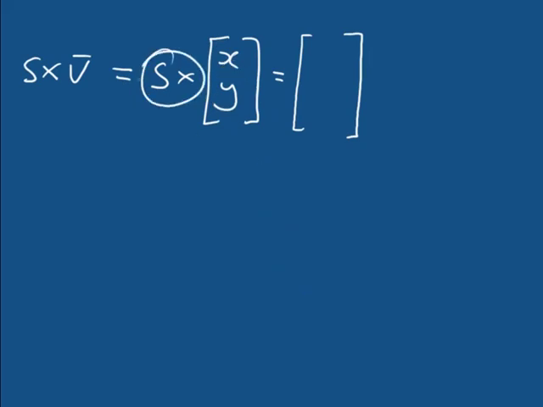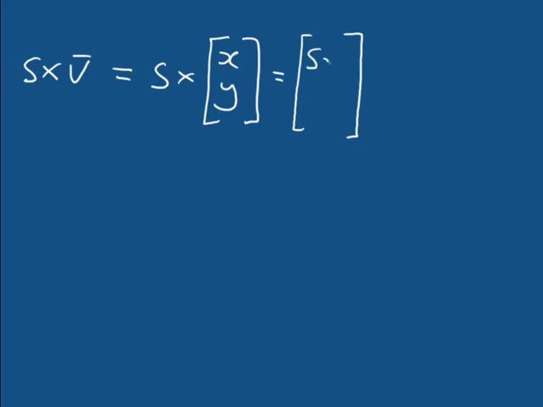So we're multiplying our scalar value by each component in turn, and that's going to give us the corresponding component of our result. So for the first component of our result, we're interested in the first component of our vector. We take our scalar value and multiply it by the first component of our vector, and that gives us the first component of our result.